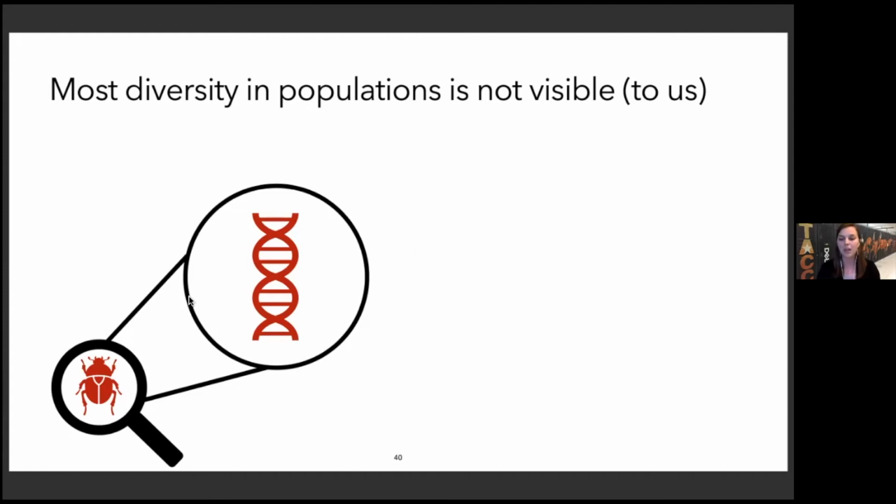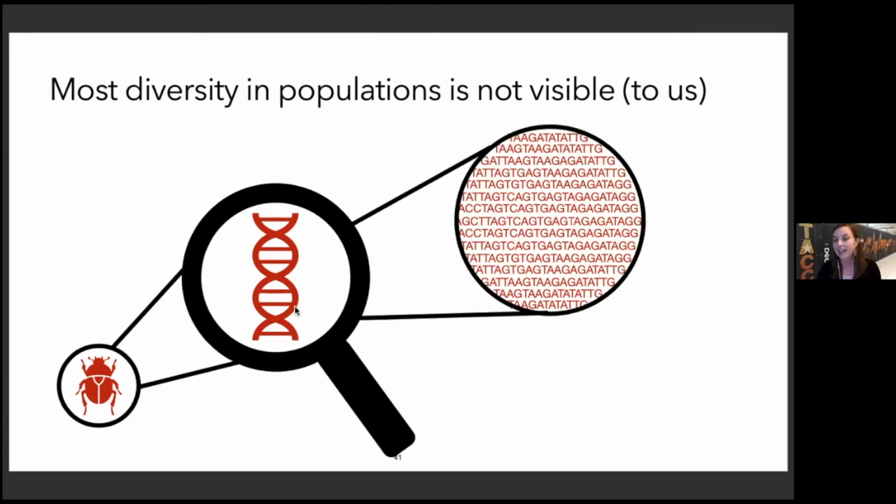DNA is the microscopic material that has all the instructions that make a beetle or make you. And when we look closer at this DNA, what it really is is these really long sentences of 4 different letters. And this doesn't mean much to us, but it's very important. And in computational biology, we have tools that allow us to find the genetic differences between individuals.